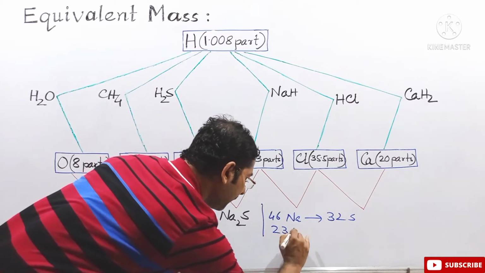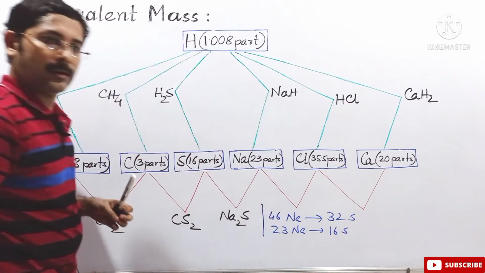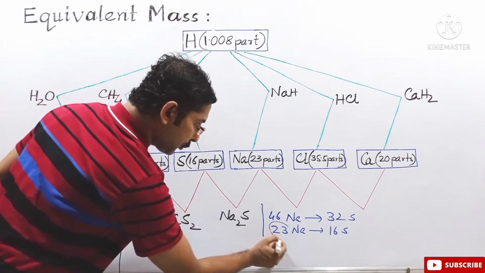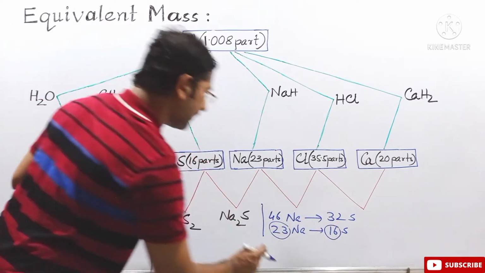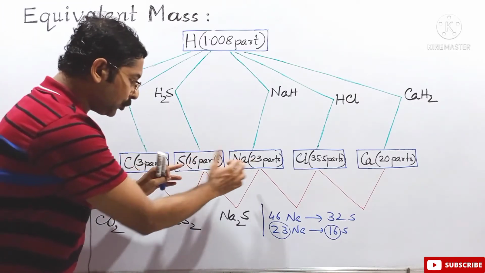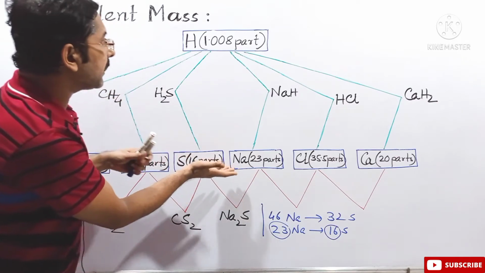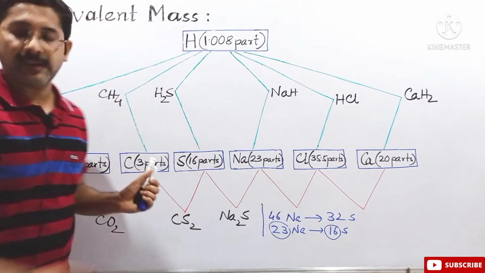So 23 parts of sodium will combine with 16 parts of sulfur. Look here, this is your 23, this is your 16. So they combine with the same mass ratio by which they combine with hydrogen separately.